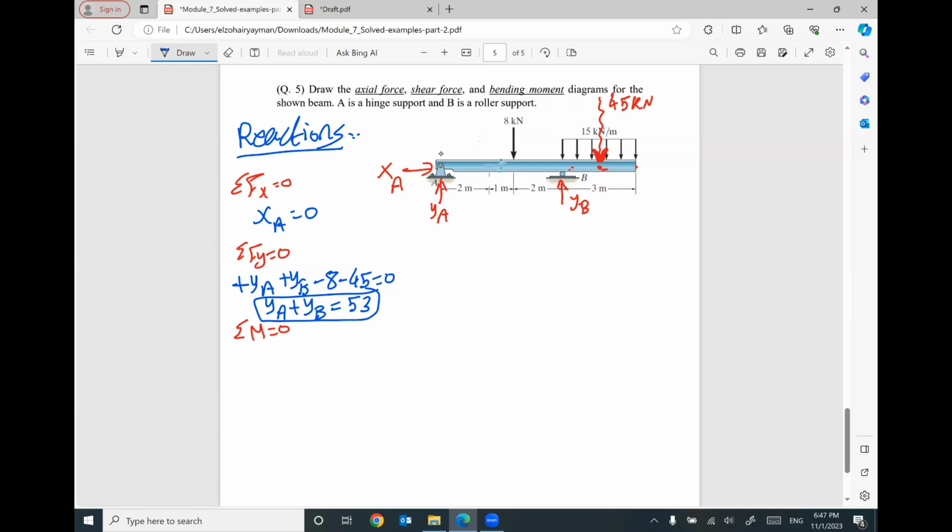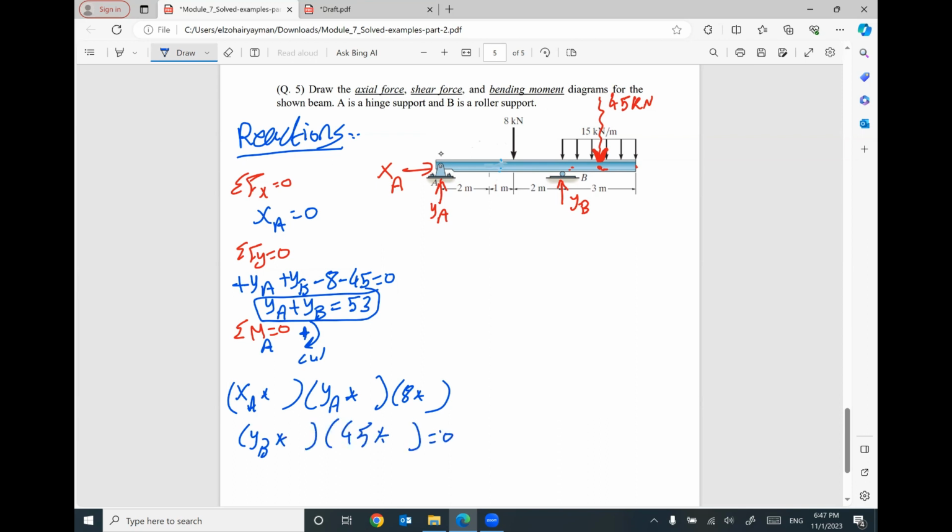Taking a moment at A, I'm going to assume clockwise rotation is positive. So XA times distance, YA times distance, 8 times distance, YB times distance, 45 times distance. You are sitting at A, so the distance between XA and A is 0, and YA and A is 0. 8 and A, it's 3 meters.